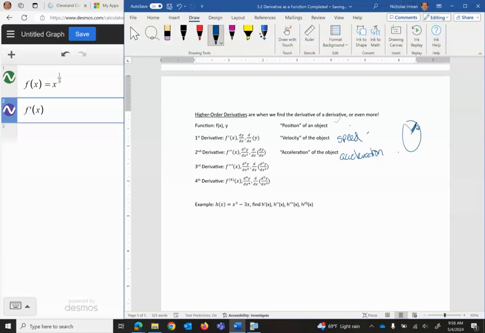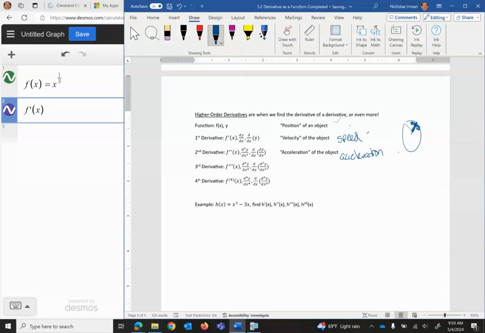Or is my speedometer moving forward? If my speedometer is just staying still, my acceleration is 0. But am I pushing down on that gas pedal? Is my speed increasing? Then my acceleration is positive. Am I letting off the gas pedal a little bit? Am I trying to slow down? So my speed might be decreasing because my acceleration is negative.